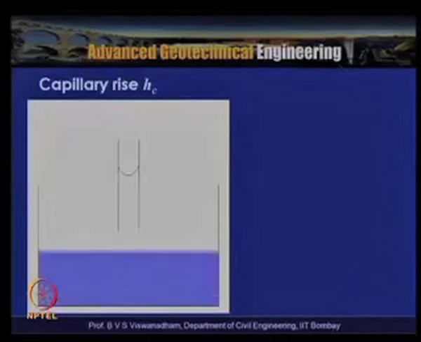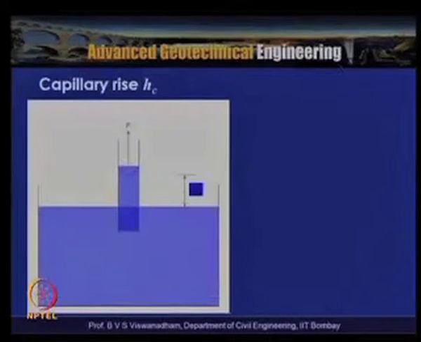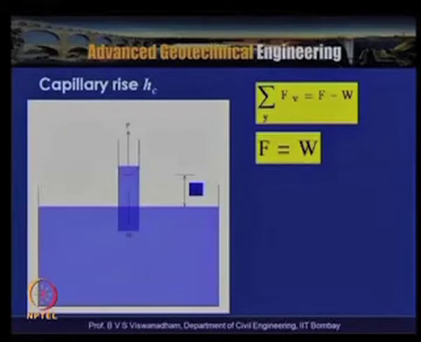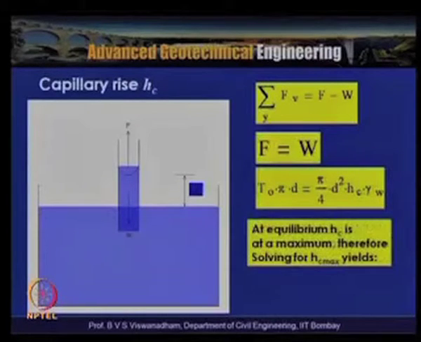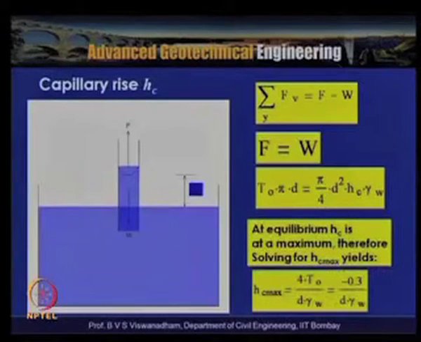The capillary rise is discussed here: at equilibrium we have equated the surface tension forces with the weight of water being lifted against gravity. At equilibrium Hc is the maximum, which is given as 4T/(d γw).